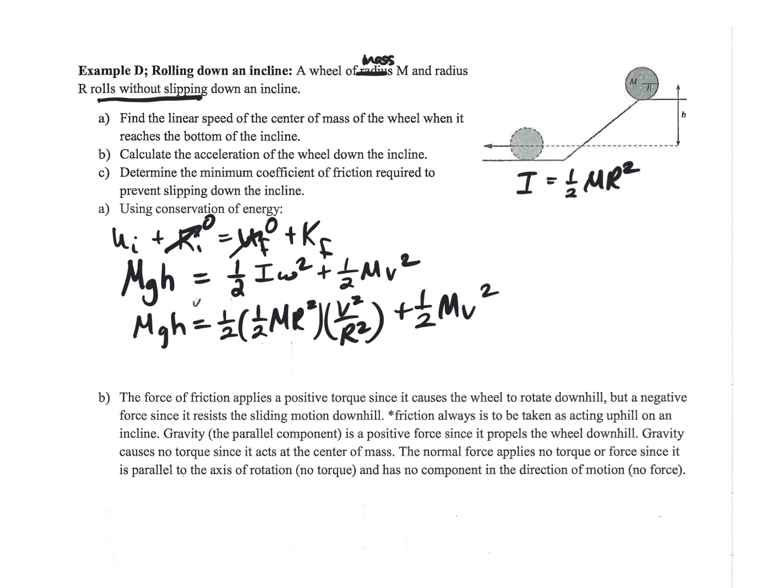M goes away, r squared goes away. We got 1/4 plus 1/2, so we've got gh equals 3/4 v squared. So v is going to equal the square root of 4/3 gh. Yep.